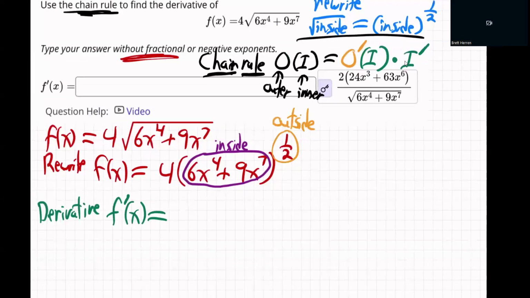So here we go. Let's do that. The first thing to do is the derivative of the outside function. So the outside is this half power. He's going to come right there. What's half of 4? 2. And then subtract 1 from that. That's going to become minus a half. The inside function doesn't change.